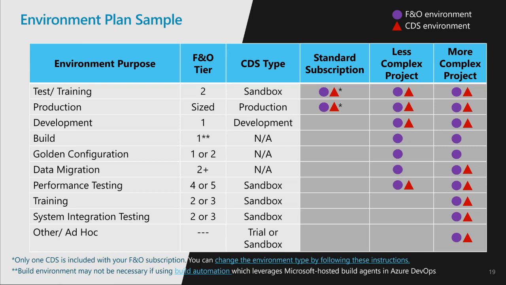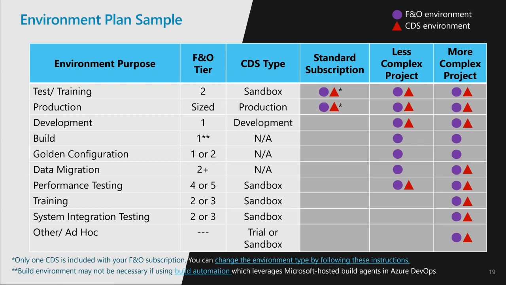The source code developed in the development environment is synced to Azure DevOps. The build process synchronizes the source code from Azure DevOps onto the build VM and produces a deployable package that you can apply to sandbox and production environments. The build VM is also a Tier 1 environment, and there is a new feature where the build activity can be done using a Microsoft-hosted agent, which means it can take away the need for the build VM.